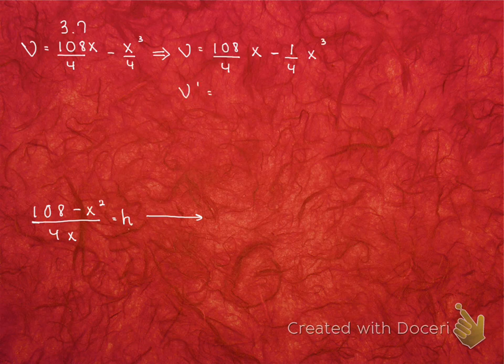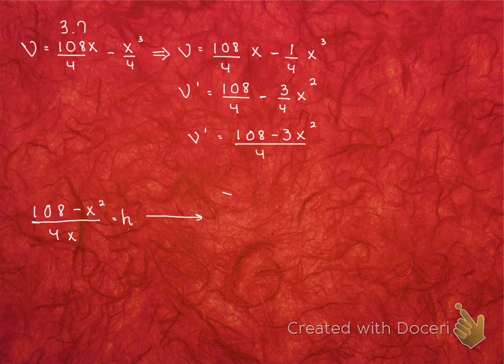Now taking the derivative is really simple, because the derivative of 108 over 4 times x is just 108 over 4, and the derivative of 1/4 x cubed is going to be 3/4 x squared. So now that the denominator is the same, our derivative is 108 minus 3x squared over 4.